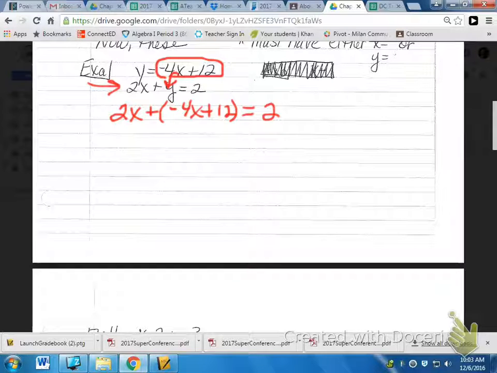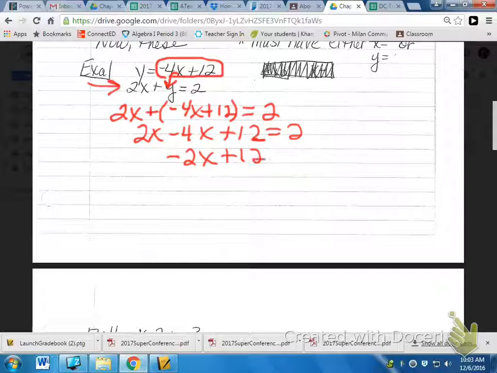So what I would do with this is this plus in parentheses here, there's nothing to distribute through. So this is really 2x minus 4x plus 12 equals 2. And at this point, you are just solving, combining like terms. So 2x minus 4x, negative 2x plus 12 equals 2.